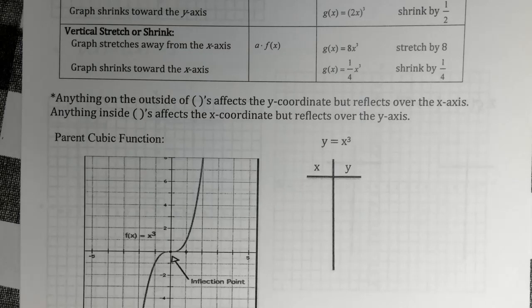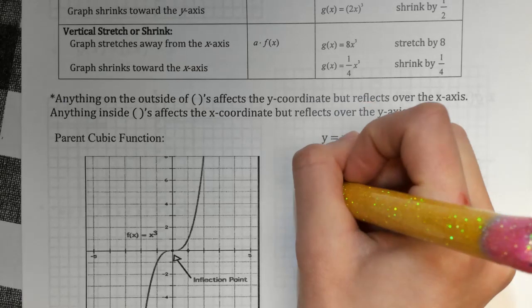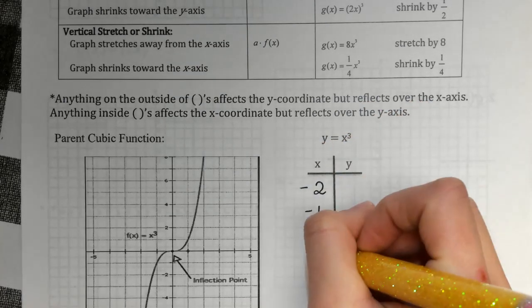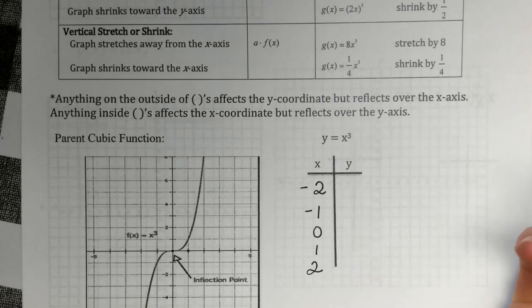We would do -2, -1, 0, 1, 2, right? And it would be 4, 1, 0, 1, 4. Okay, so that was when you would do y equals x squared. Now we're doing y equals x cubed, and we're going to use those same x values, so -2, -1, 0, 1, and 2.